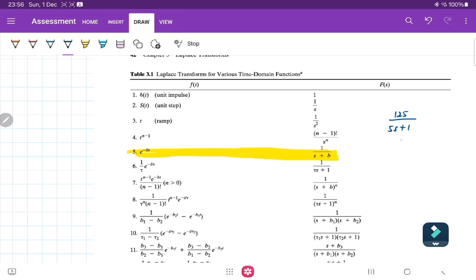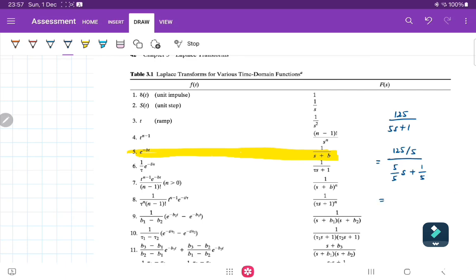So when we arrange this term, it becomes 125, we divide by 5 because we want to have s over 5, right?